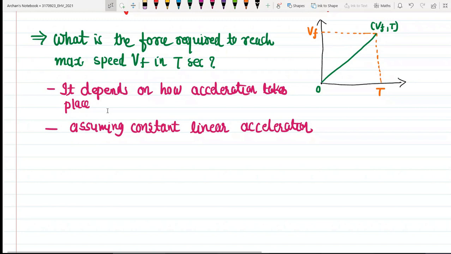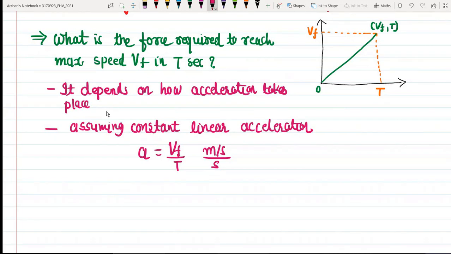Now how is acceleration provided? Acceleration A is nothing but final speed divided by time t. Final speed is meter per second, time is second. So this is the acceleration in our case whenever we have this linear constant acceleration.